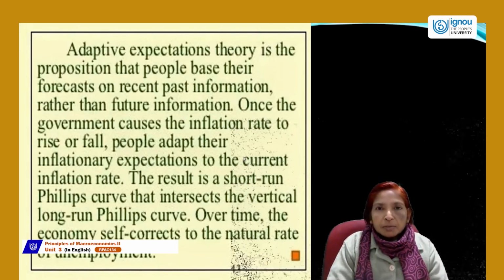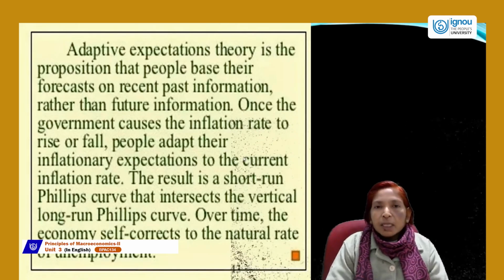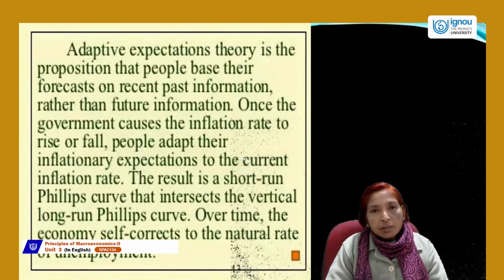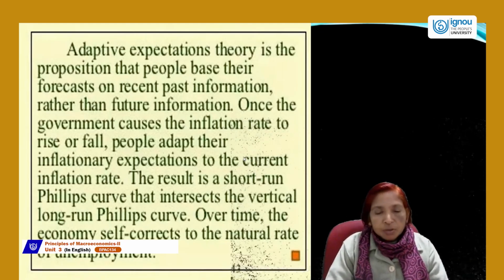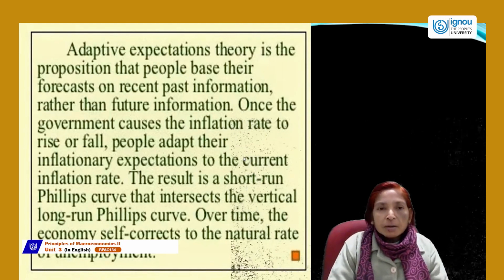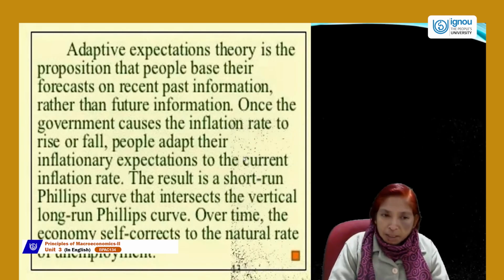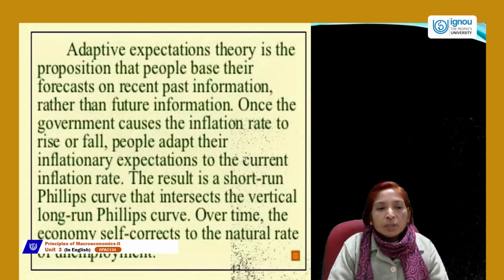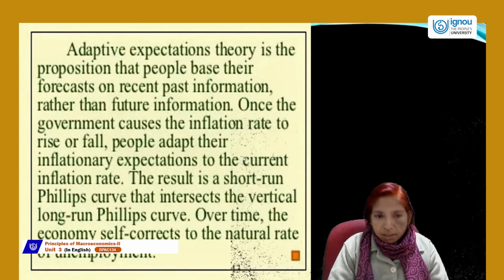For example, we know that price of milk is always increasing. So we can predict for future that it will also increase in future. So this type of expectation is called adaptive expectation. People adapt their inflationary expectations to the current inflation rate.